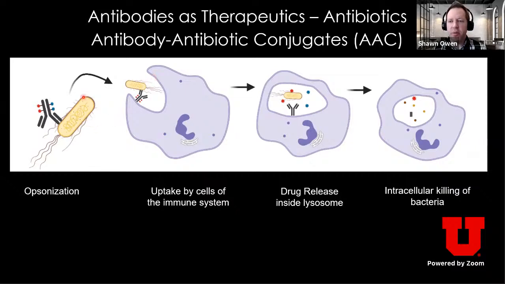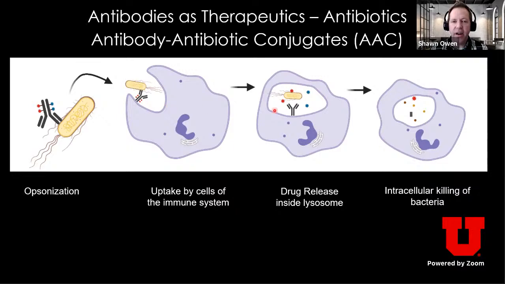So what we're doing is we're combining this idea of antibodies, and again with antibody drug conjugates, but here we use antibiotics. So now what we're going to do is a kind of a 1-2 punch. In some cases, a 1-2-3 punch with 3 different types of drugs. So we create antibodies that have these different kinds of antibiotics, and so then these first force the incorporation, the uptake by cells of the immune system.